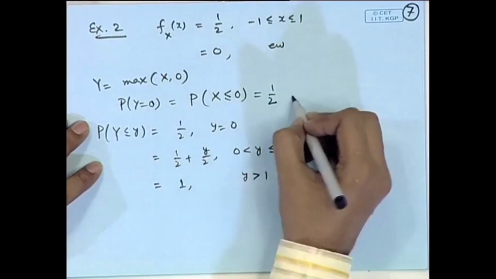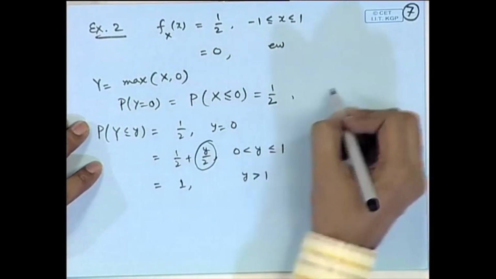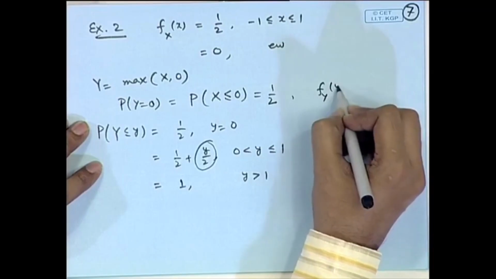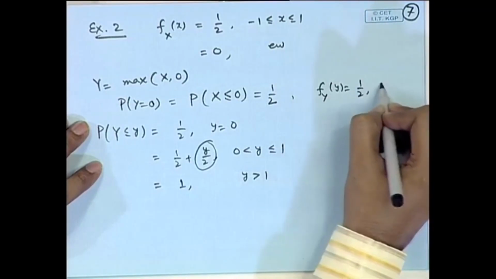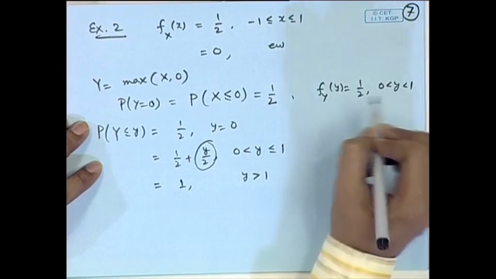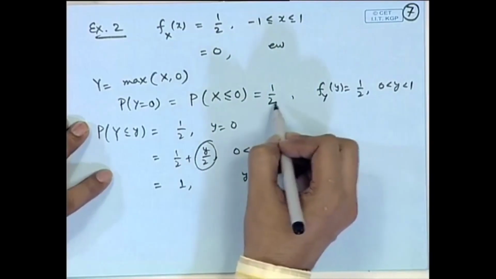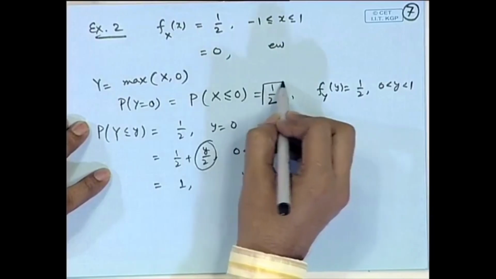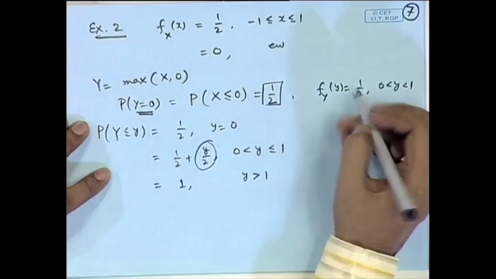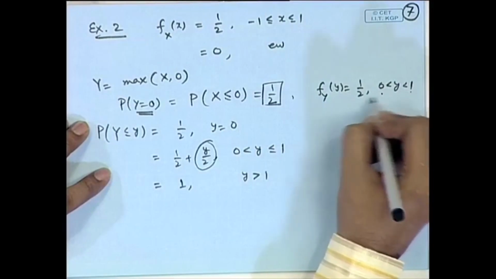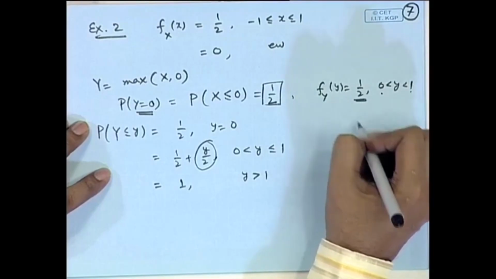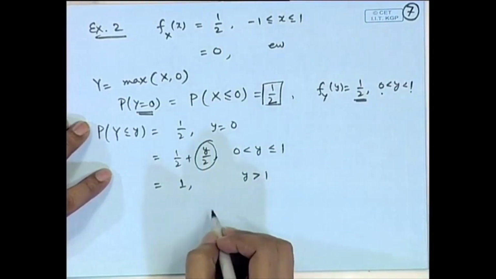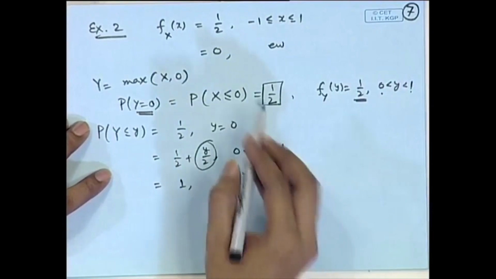So, we have then the density function here, that is f_Y(y) = 1/2 for 0 < y < 1. We have the weight half attached to probability Y = 0, and in the interval 0 to 1 we have a density function. So, it is an example of a mixed random variable.